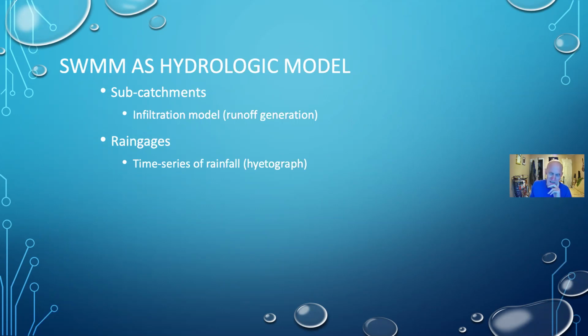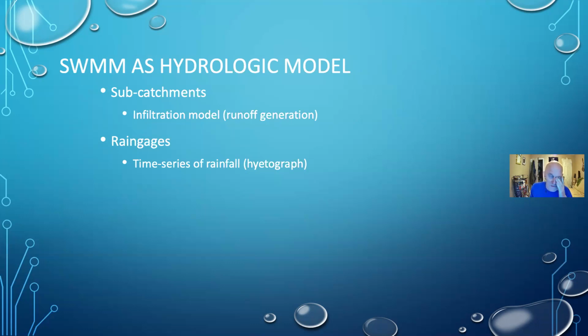So the conceptualization for a drainage area is called a subcatchment in SWMM. And on the subcatchment, we can choose a runoff generation technique by choice of an infiltration model. There are 4 or 5 models built in: Green-Ampt, Horton, modified Horton, curve number, and maybe 1 or 2 others.